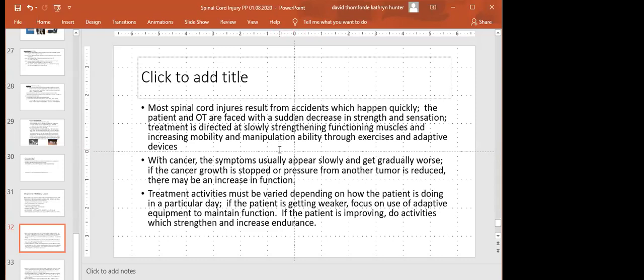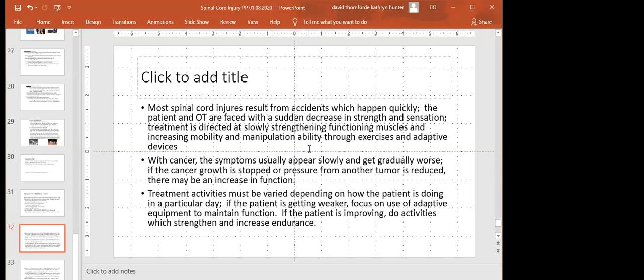A person with cancer, the symptoms will appear slowly and they'll gradually get worse. In many ways, that's more difficult because if you've suddenly encountered an injury, you know you're improving. Whereas if you don't know, okay, is it going to get better? Is it going to get worse? It's more difficult to accept psychologically.